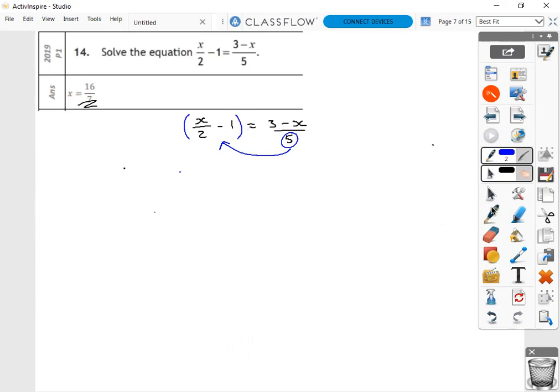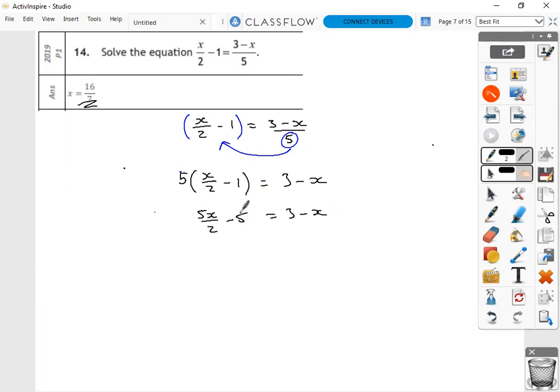Okay. If I bring that 5 across, I essentially have 5x over 2 minus 1, 3 minus x. Okay, so that will give me 5x over 2 minus 5 equals 3 minus x.